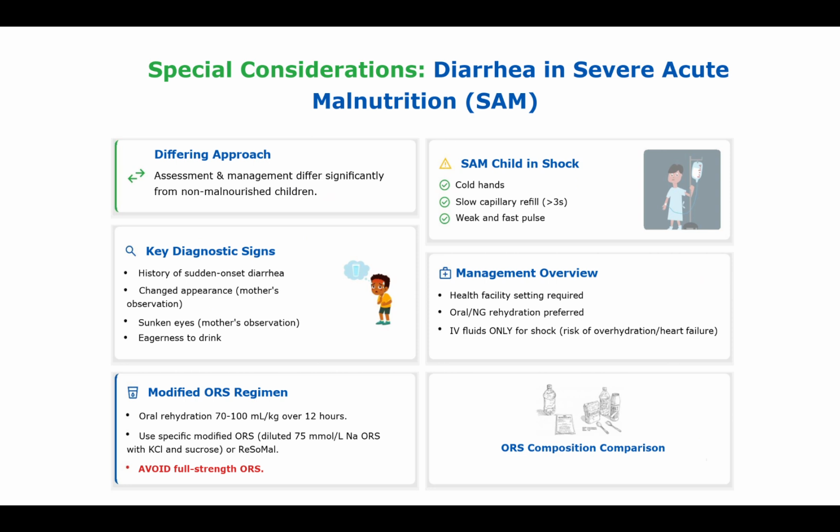Instead, either a specifically modified ORS prepared by dissolving one standard 75 mmol per liter sodium ORS packet in 2 liters of clean water, then adding 45 ml of potassium chloride solution and 50 grams of sucrose, or a rehydration solution for malnutrition, which has high potassium and low sodium content, should be used.